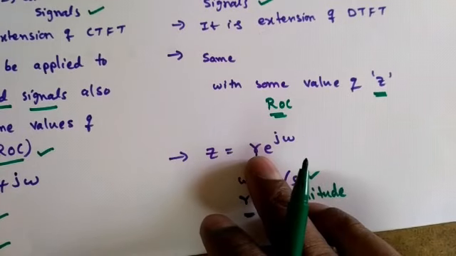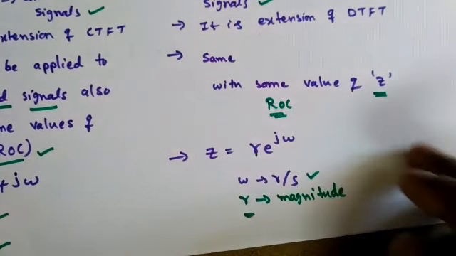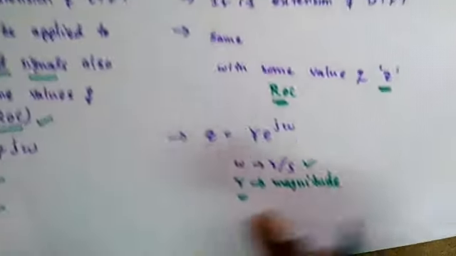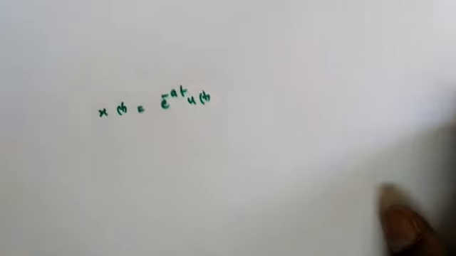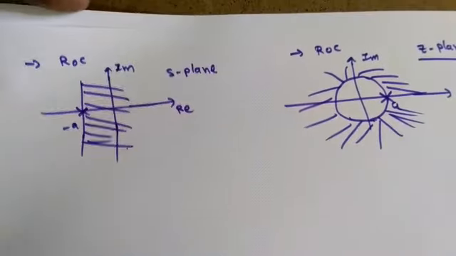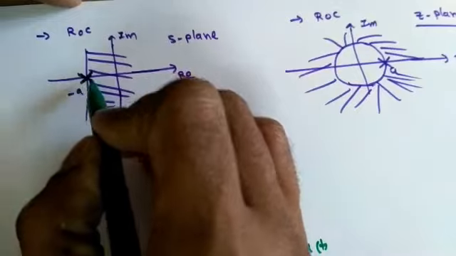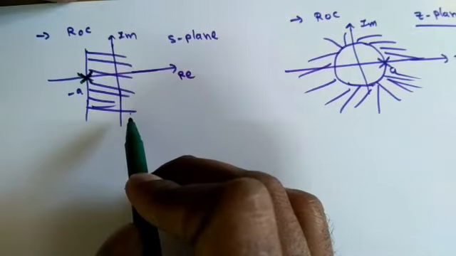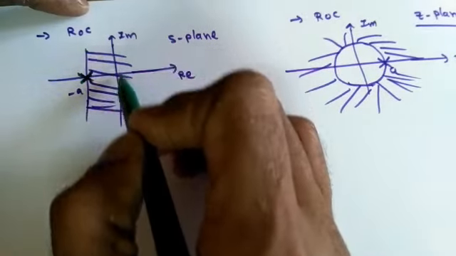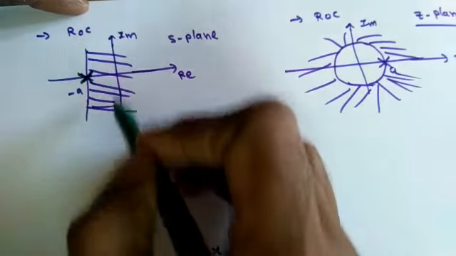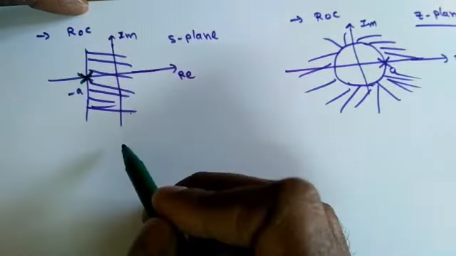Since r is the magnitude, we get circles in the Z transform, whereas in the Laplace transform we get strips. ROCs in the Laplace transform are generally taken greater than wherever the pole is, so the ROCs in the s plane will be parallel strips to the imaginary axis.